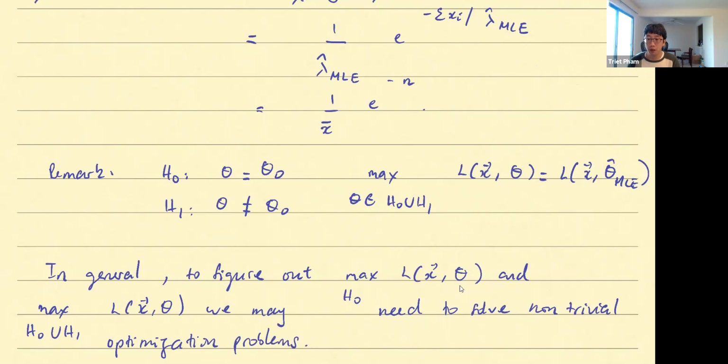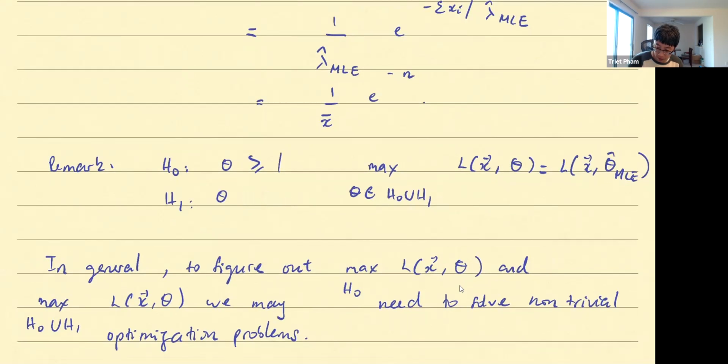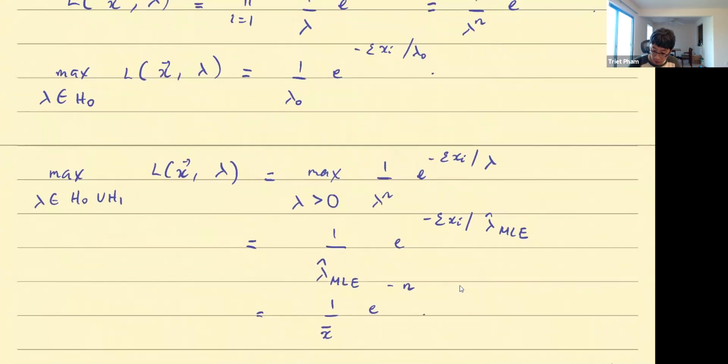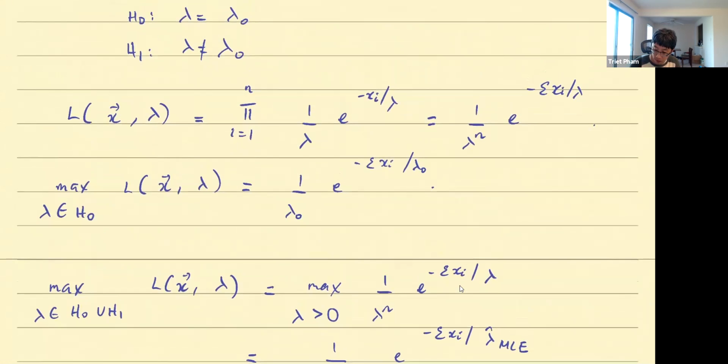Because you have to take the max over some region. Imagine, for example, that the null is theta bigger than or equal to 1, and the alternative is that theta is, just for some crazy reason, less than 0.5. Then we cannot say something like this.